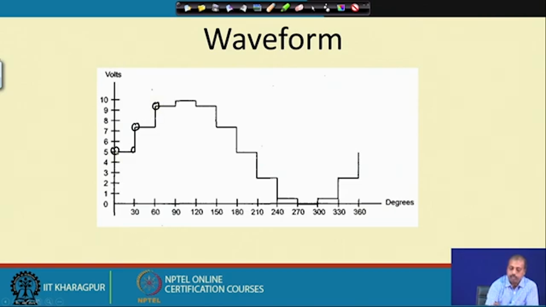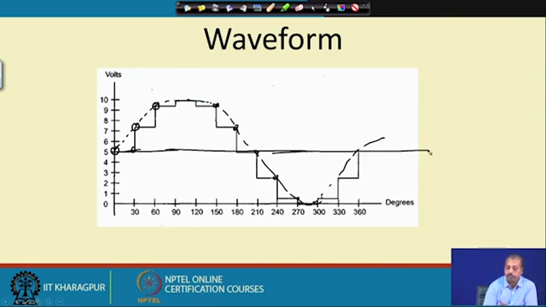Ideally it is tracing the waveform like this, and then it is again going up like this. If you take this 5 volt line as the 0 point of your sine wave, this is some sort of a sine wave. That way we can get an approximation of the sine wave.